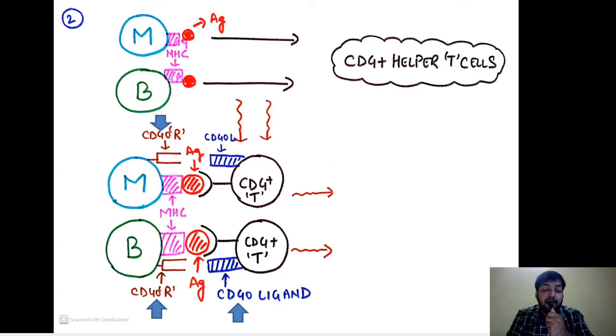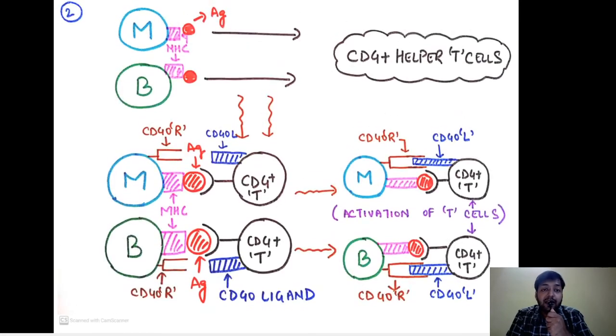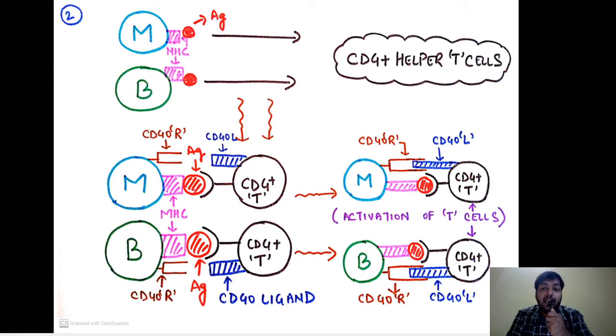Correspondingly, the CD4 plus helper T cell is going to express CD40 ligand on its surface. Ultimately, once these ligands are expressed, they join with the respective receptors like this, and this will cause the activation of the T cells, and this activated T cell is going to further the action of macrophages and B lymphocytes. So activated T cells are going to activate the B cells and macrophages.